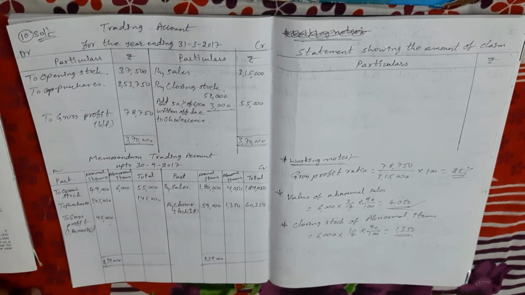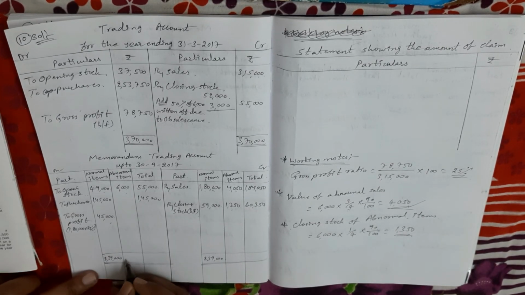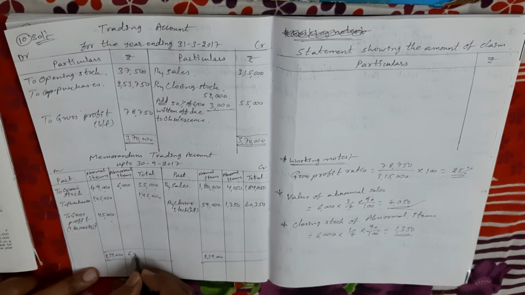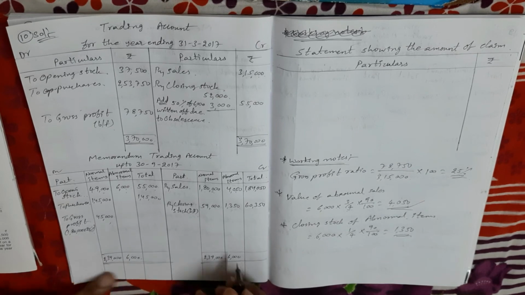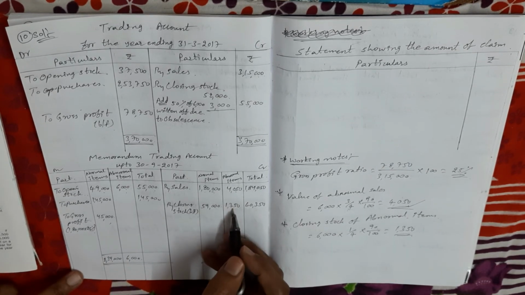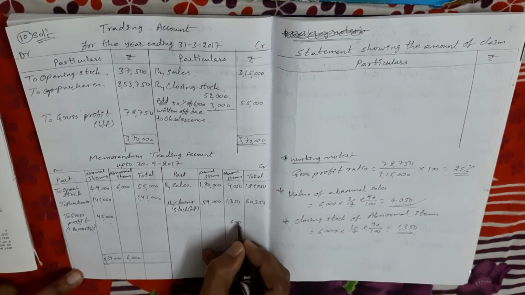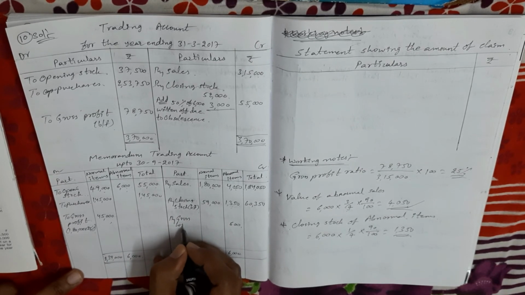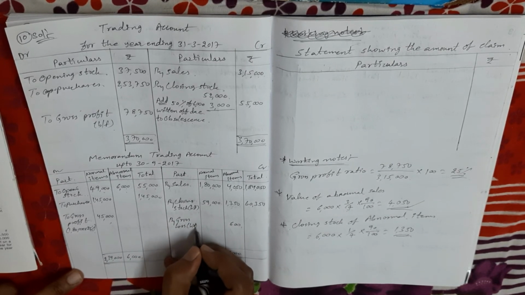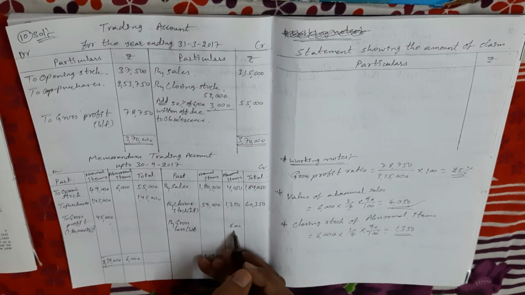Okay, right. See, abnormal items debit side total 6,000. After deducting these two amounts, I am getting the balance of 600 rupees. That is gross loss on abnormal items, okay, 600 rupees.